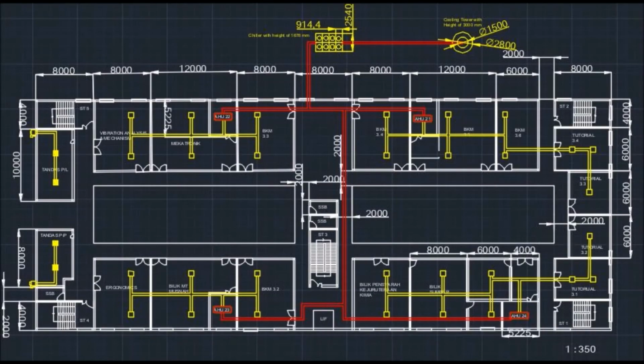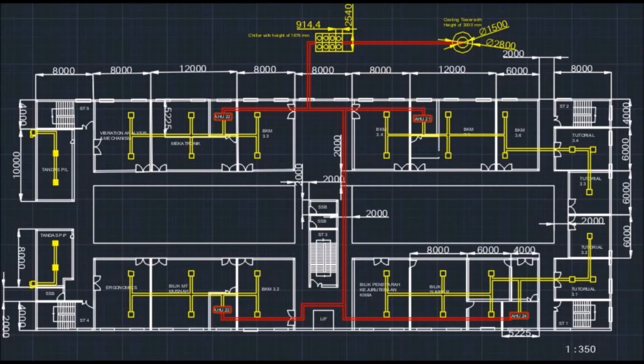This is the floor plan of our project. In this floor plan is the floor PKM 3, floor level 3. It has 4 AHU, 2 of it is separated into 9 diffusers and 2 of the other AHU split into 6 diffusers.